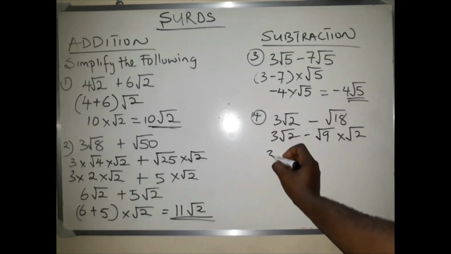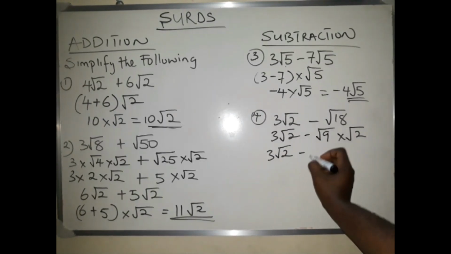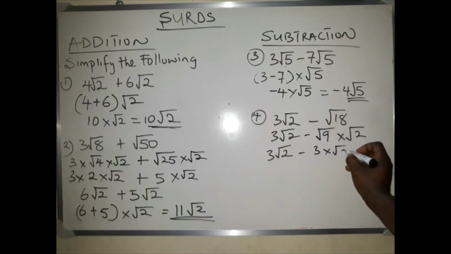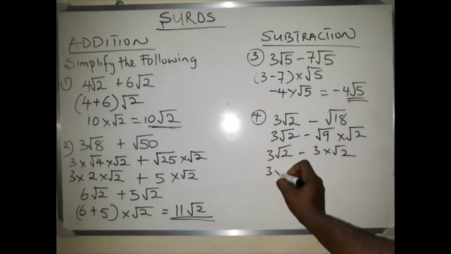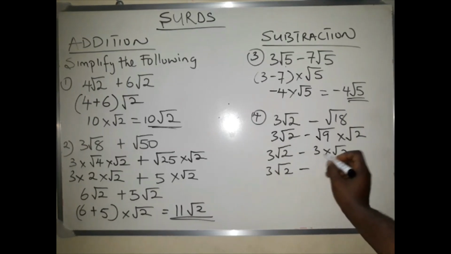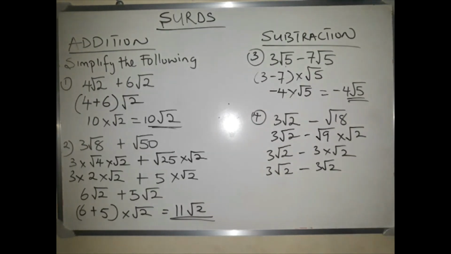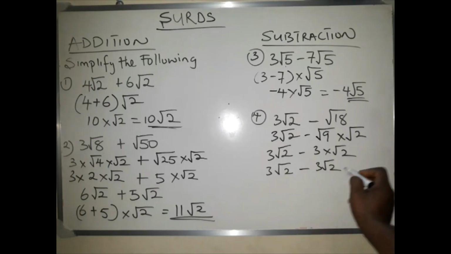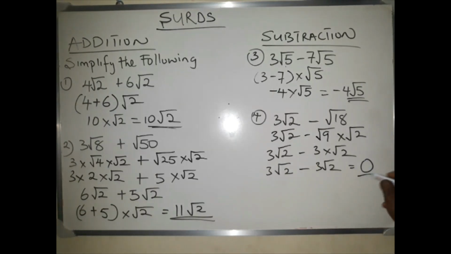Then what do we do next? We find the square root of 9, which is 3, times root 2. Then we multiply 3 times root 2, which gives us 3 root 2. And so the question now turns to 3 root 2 minus 3 root 2. And 3 root 2 minus 3 root 2 will equal what? 0. And that will be the answer.